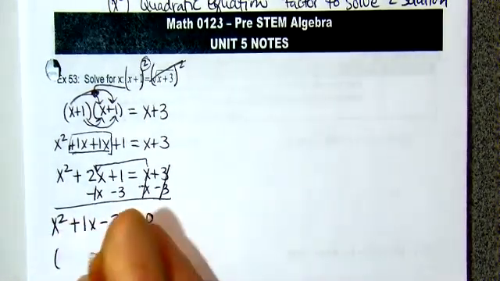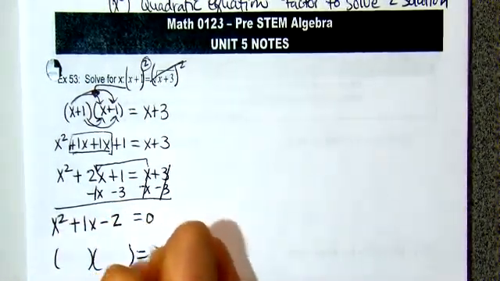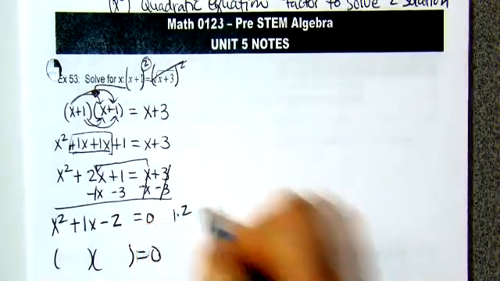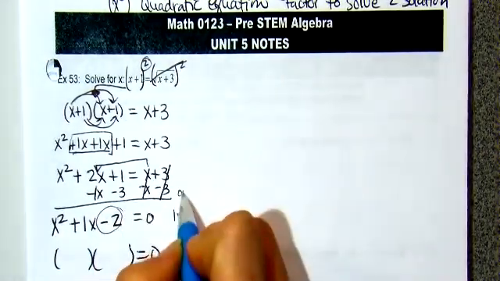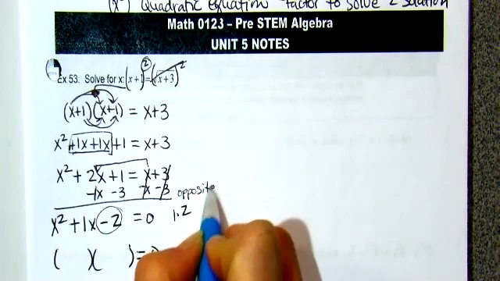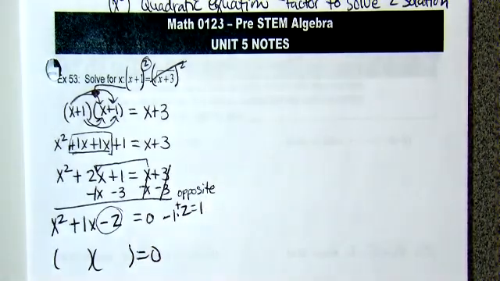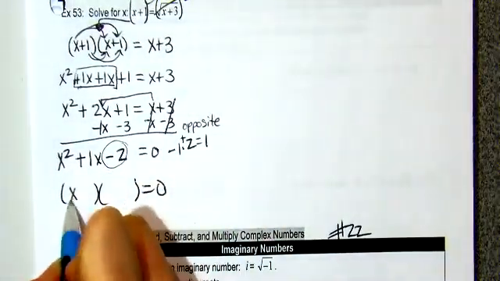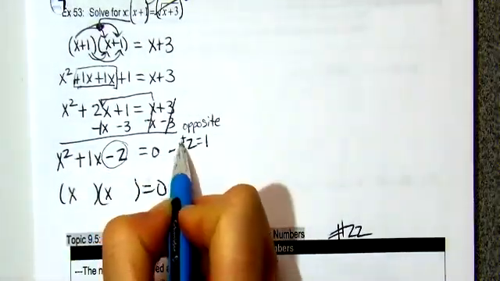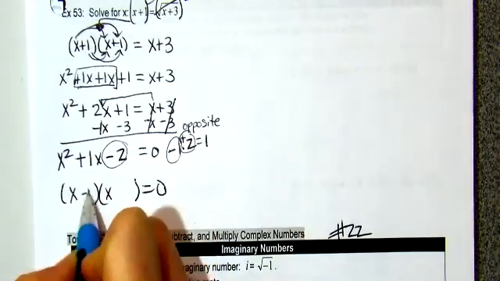And so then we go through our rules of factoring. 1 times 2 is 2, and I know I'm using opposite signs to make a positive 1. If I have a negative 1 and a positive 2, that gives me a positive 1. So I'm going to split my x's apart, x and x, and plug those factors in, a minus 1 and a plus 2.